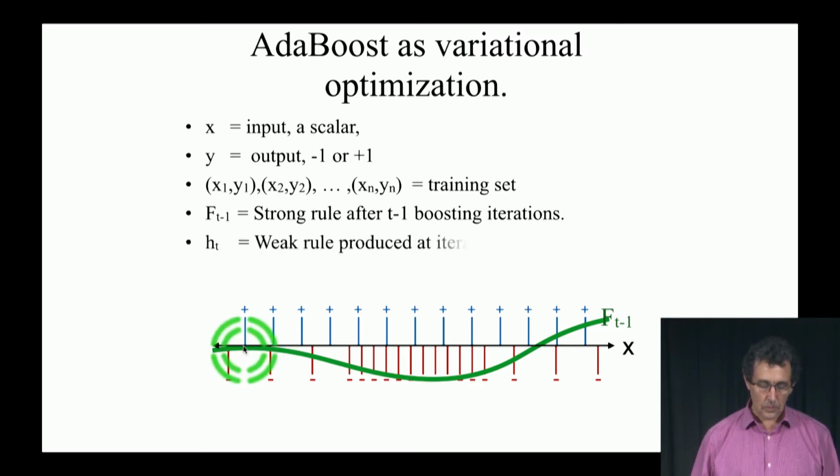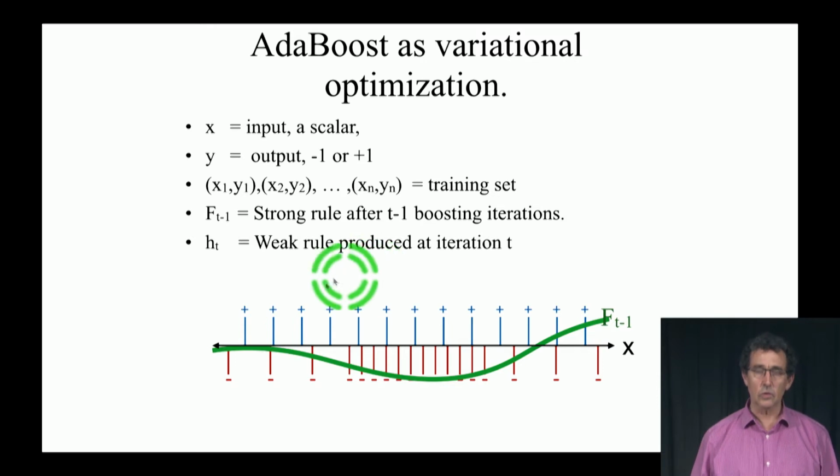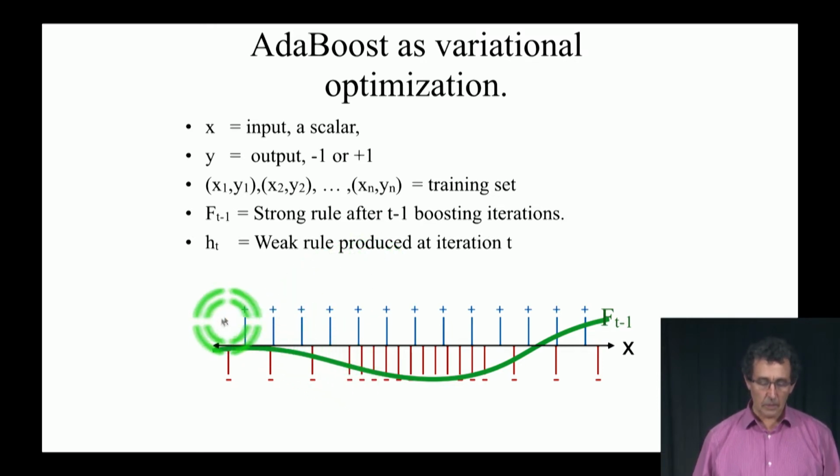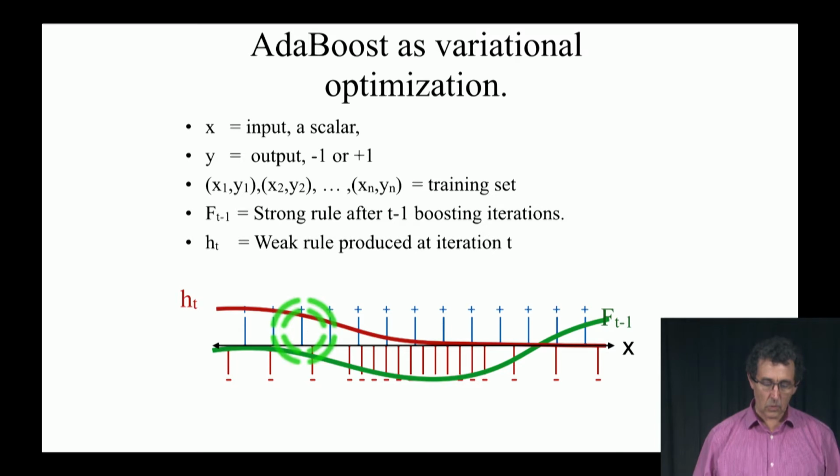So the h_t, the weak rule, you can think about it as an update to the function, something that you add to the function in order to improve it, in order to make it fit the data better. So let's say that one function that we might want to use is this one, h_t, the red function, and that basically will do just the right thing of pushing just this part of the function up without changing this part of the function, which is already good.